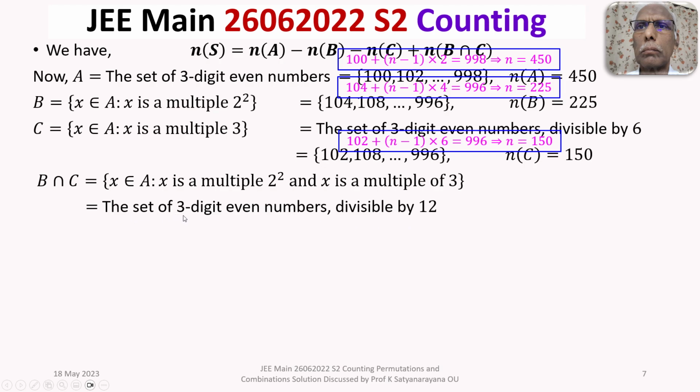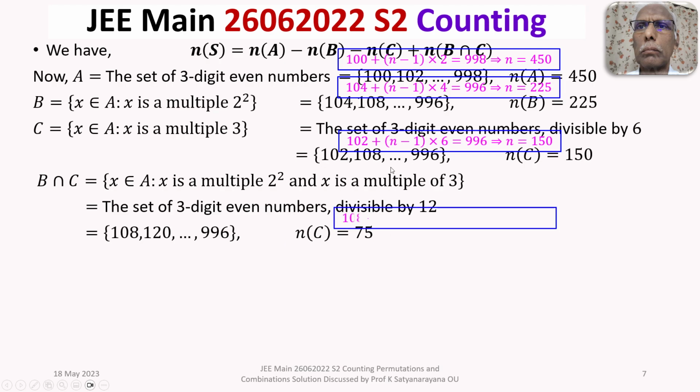So the set of 3-digit even numbers divisible by 12 starts with 108, then 120, and the next one is plus 12, 132. The last one is 996. Use the same technique as above. They are in AP with first term 108, common difference 12, and the last term is 996. The number of terms will be 75.